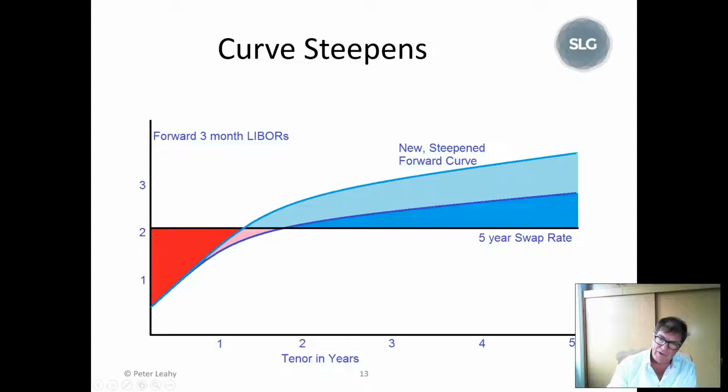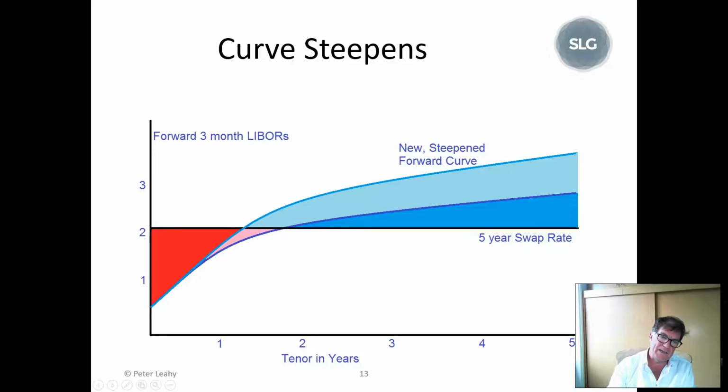Now we have a lighter blue line, which is a new steepened forward LIBOR curve that's changed. There's been some kind of economic news or change in views in the market, and perhaps poor news on inflation, and the expectations are that rates will be higher in the future and higher than had previously been estimated, and so there's been a steepening of the forward curve.